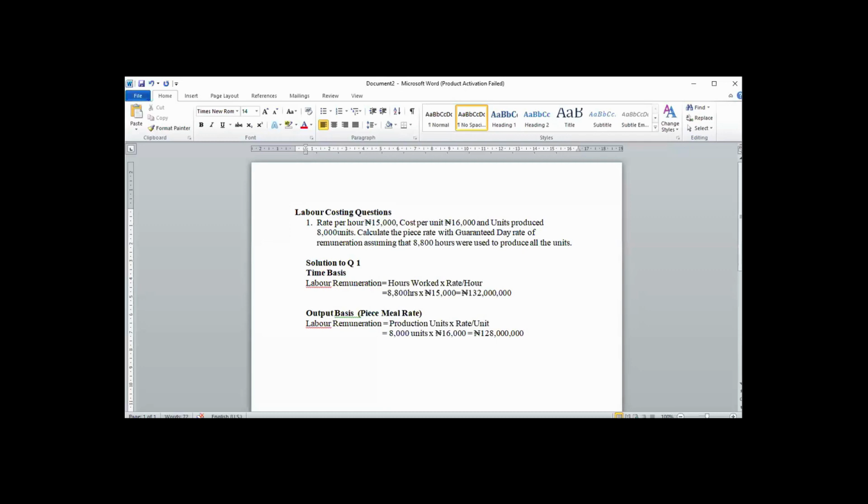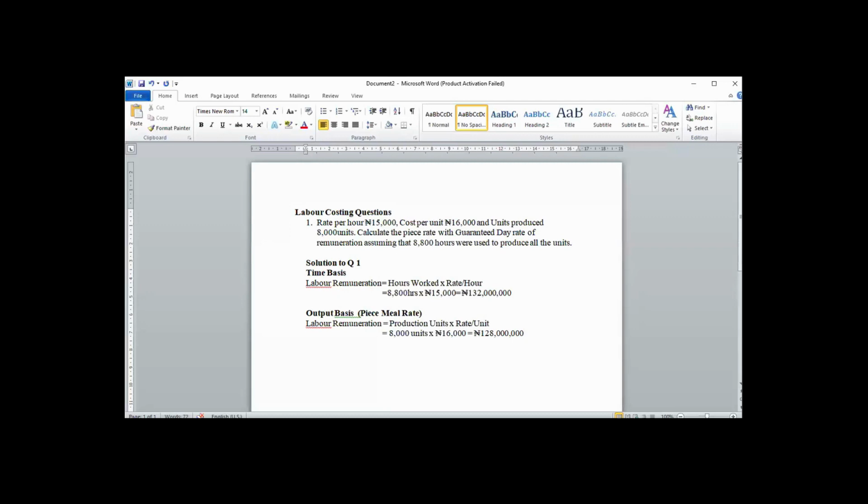Okay, so we are meant to do both based on the fact that they ask for the guaranteed day rate. Yes. We will now say that based on the day rate guarantee, the organization should pay the labor based on the higher rate, because you don't know what will be the highest at the beginning until you solve it.